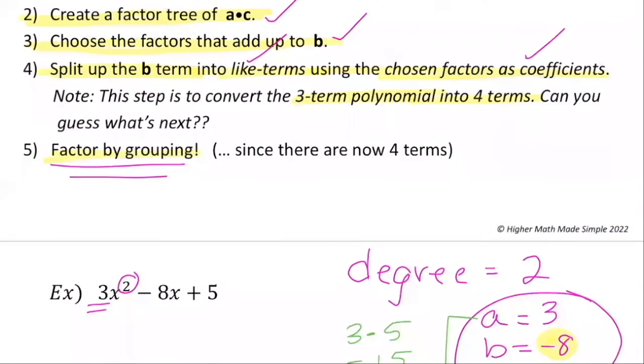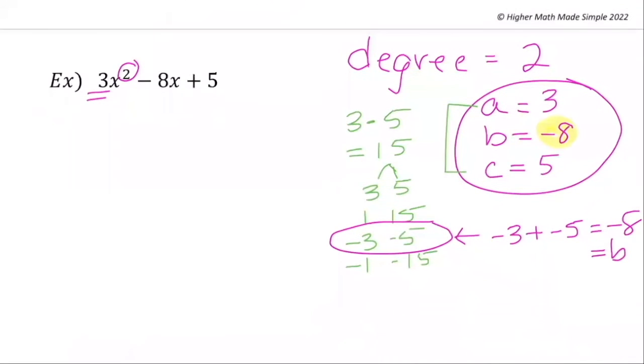Okay, so let's do that. First of all, what is the b term, or the middle term? It's negative 8x. So we're going to split this using negative 3 and negative 5 as the coefficients. In other words, negative 3x plus negative 5x.